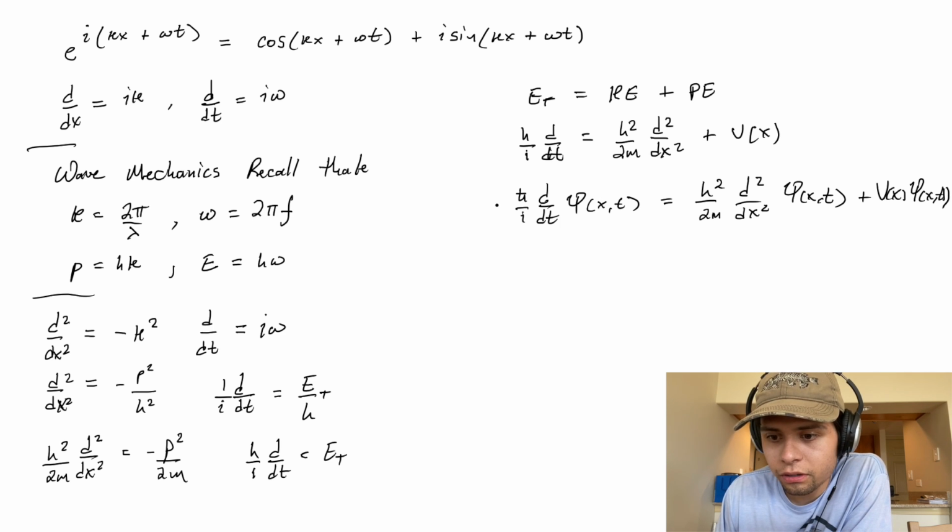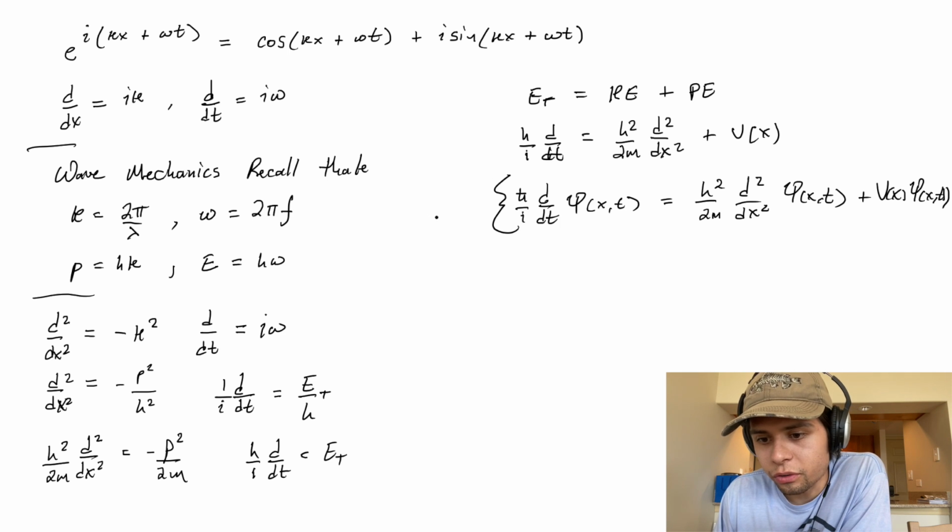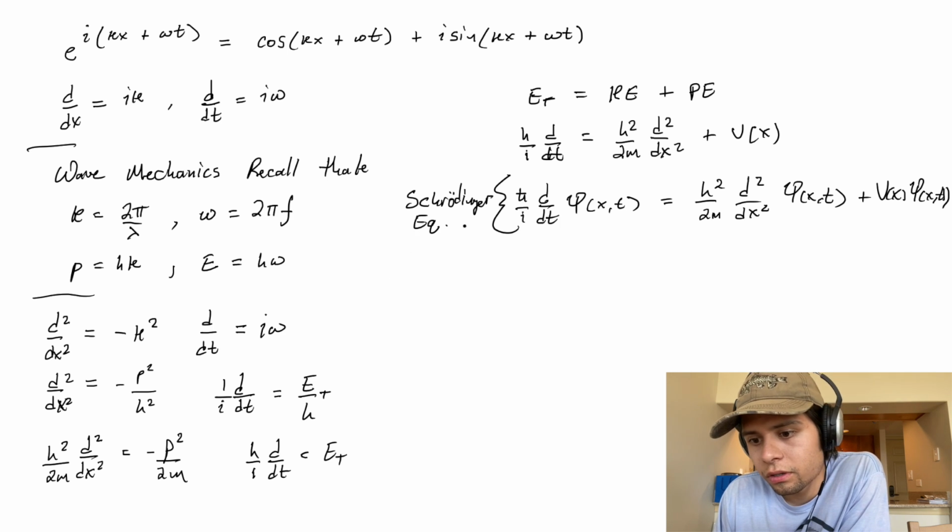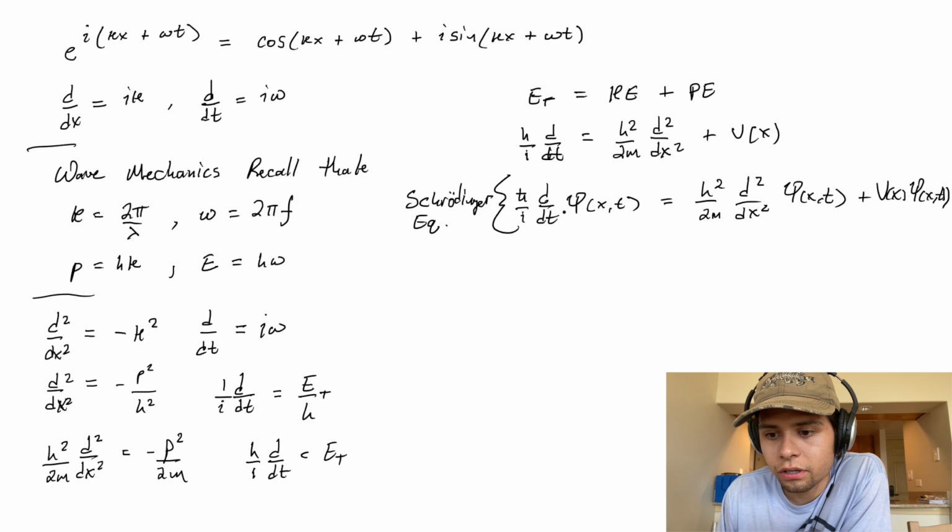So this here is the Schrödinger equation, the time-dependent Schrödinger equation, because we have this element of time in here.